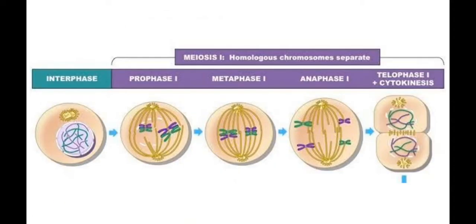Okay, so let's look again. We have interphase. During the interphase, the same as in mitosis, chromatin fibers replicate and duplicate in number. The same is true for centrioles. Then the next stage, prophase: the nuclear membrane disappears, and the chromatin fibers condense into chromosomes. So we have two V-shaped identical sister chromosomes.